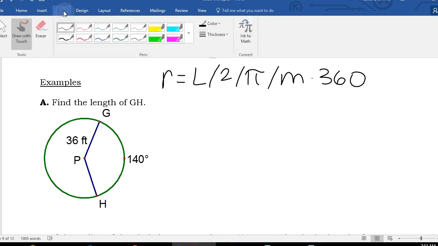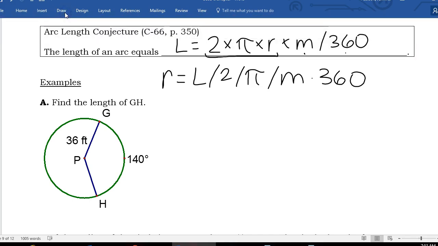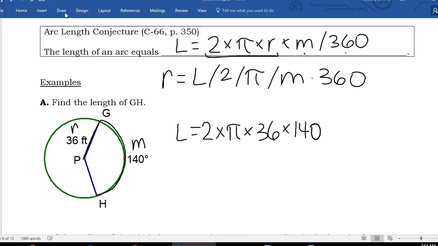On my first one here, I have 36 feet, labeling my radius. I have 140 degrees, labeling the measure of arc GH. So I'm going to substitute those two values into my length formula. 2 times pi times the radius is 36 feet times the measure is 140 degrees divided by 360 degrees.